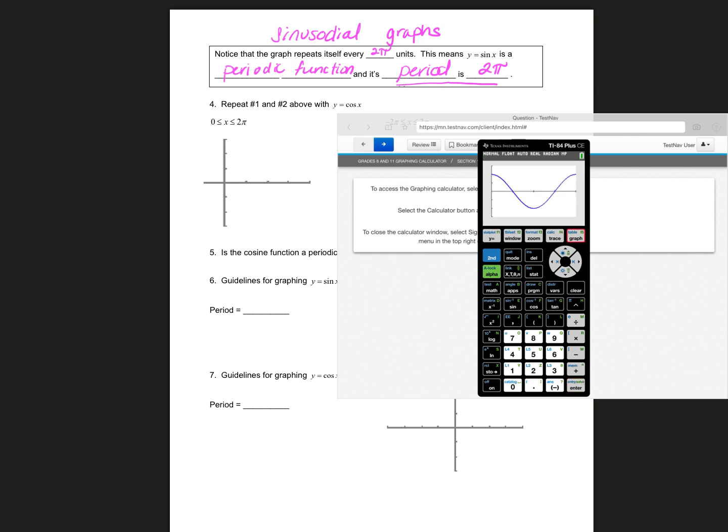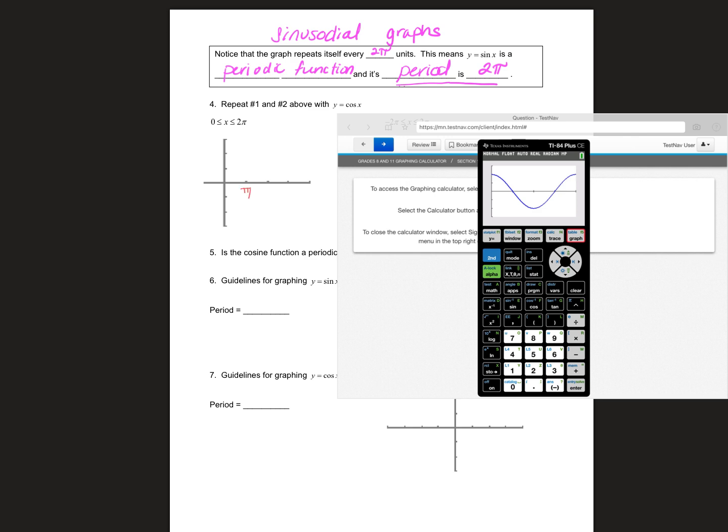Notice on the graph, it's a little bit different. At 0, we start up here at 1. Then we go through the x-axis at pi over 2, down to negative 1 at pi, 3 pi over 2 on the axis at 0, and then up to 1. So we're going to graph this on our paper here, okay? Make sure, again, you write your values across here.